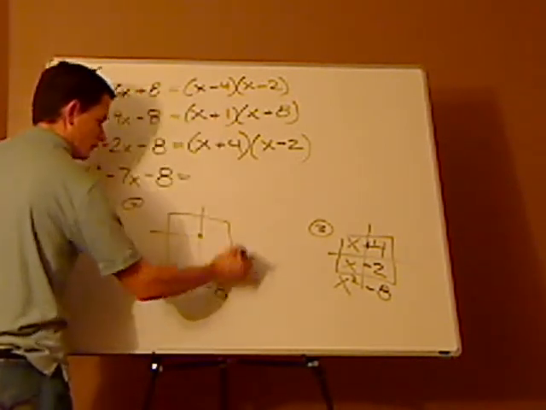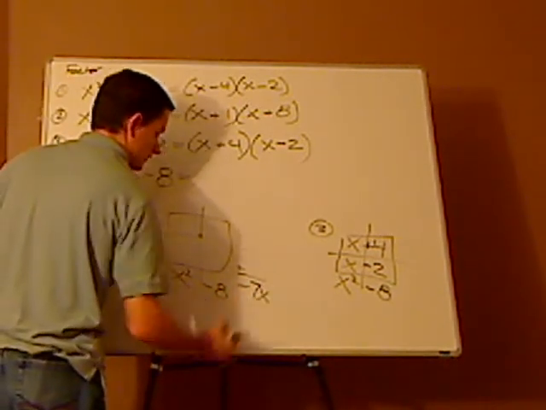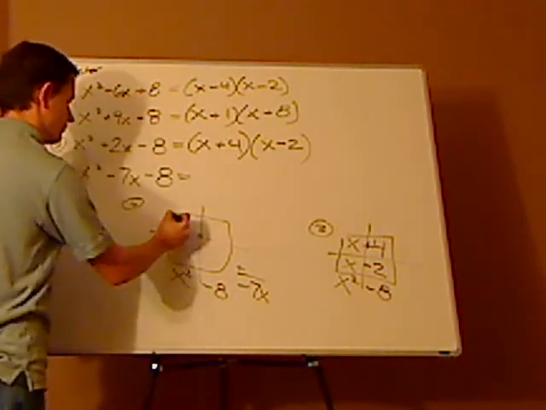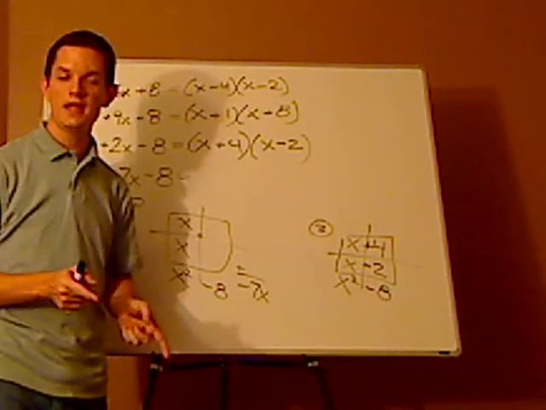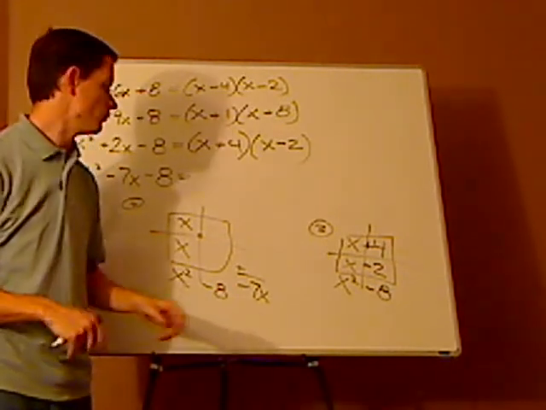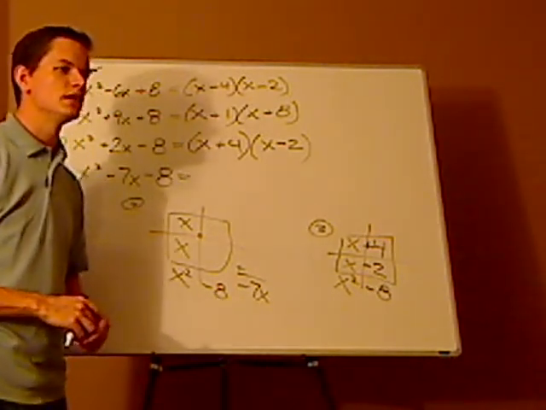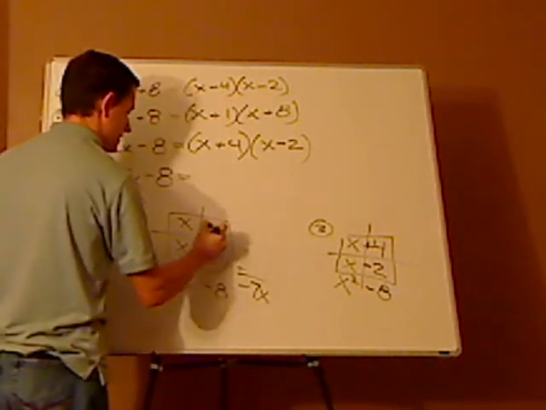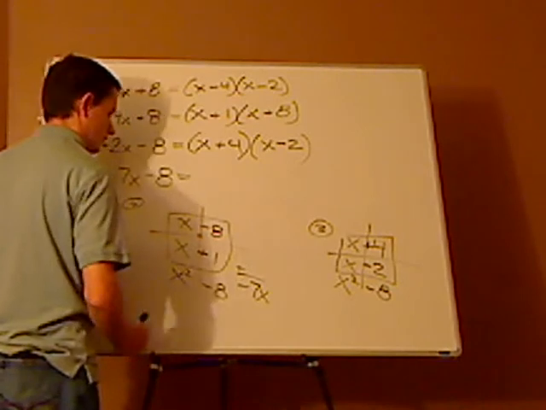When I add the outer and the inner together, that gives me a negative 7x. So I have to think through. I know this is going to be x and x. What factors of 8, okay, what times what when multiplied gives me a negative 8, and when added together gives me a negative 7? Well, that's a negative 8 and a plus 1.